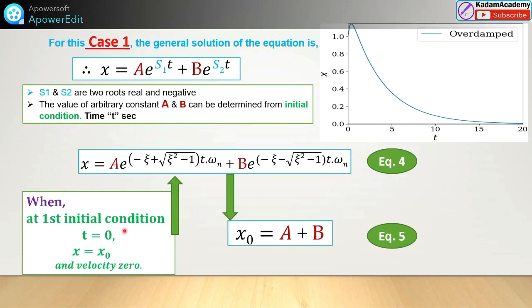At t is equal to 0, e raised to 0 becomes 1 for both terms, so a plus b remains.